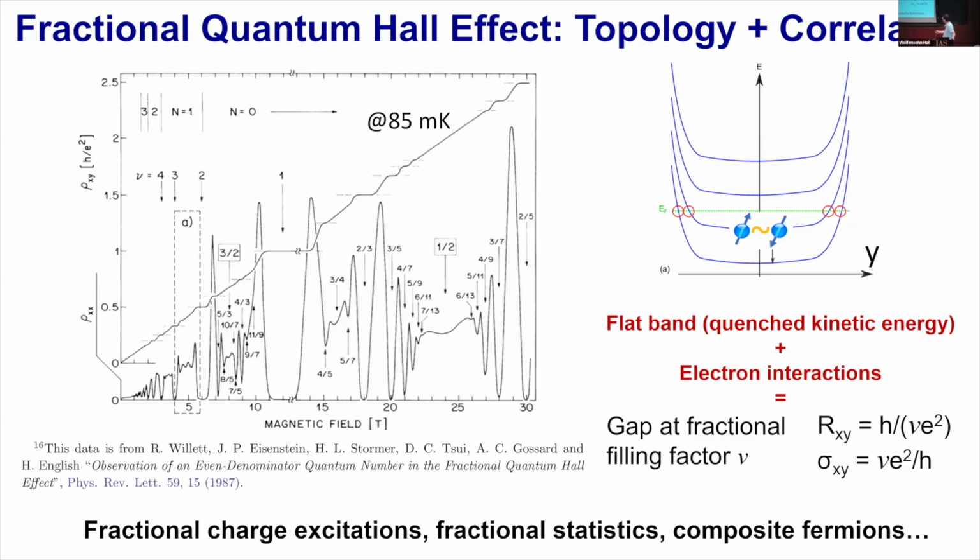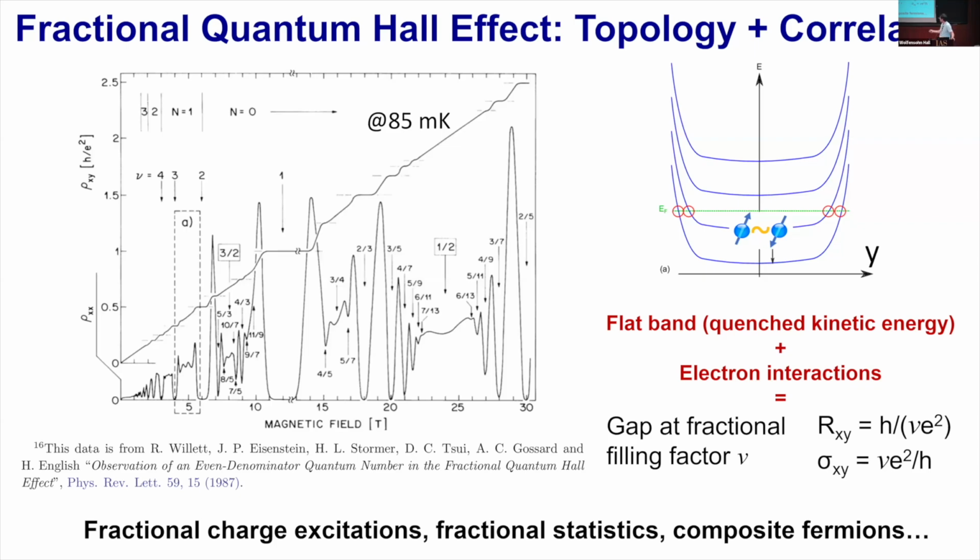So basically, not only can you have integer quantum Hall effect, which is a single particle effect, you can also borrow the interactions between electrons and open up a gap at the fractional filling of Landau levels, right? And then you measure quantized Rxy at h over e squared divided by the corresponding fractional filling number.